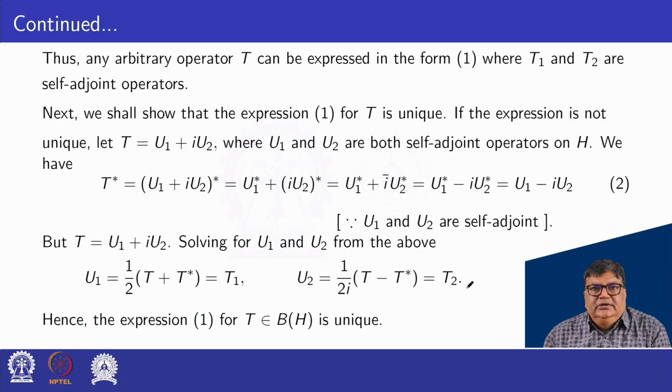This is T2. So after solving, we have U1 is equal to T1 and U2 is equal to T2. That is, T belonging to B(H) is unique. Hence proved this theorem.